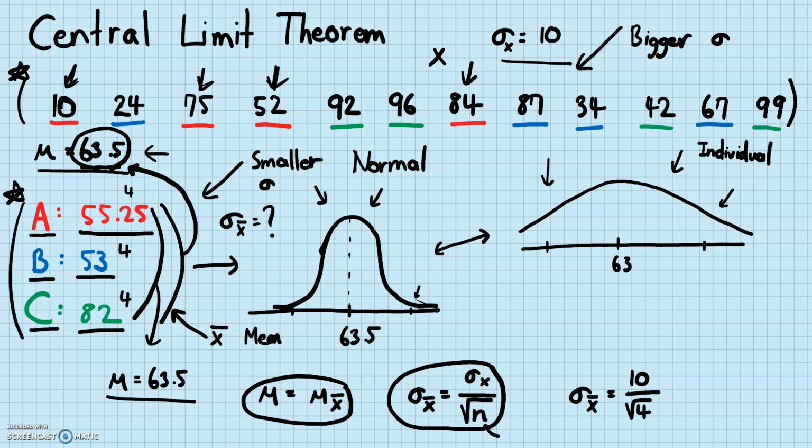The square root of 4, that's our n. So that's going to equal 10 divided by 2, which is 5. So you can see that the standard deviation for the mean scores is less than the standard deviation of the original score. And you can see that even on the graph, all the data are much more crowded towards the middle, towards the mean.